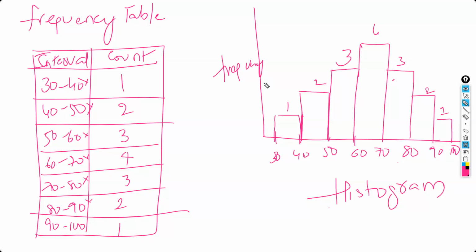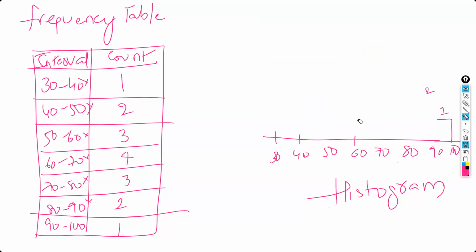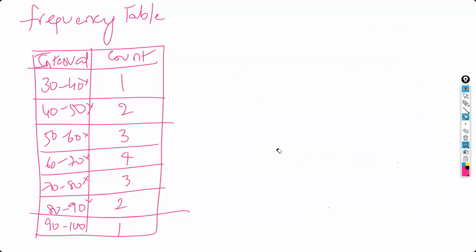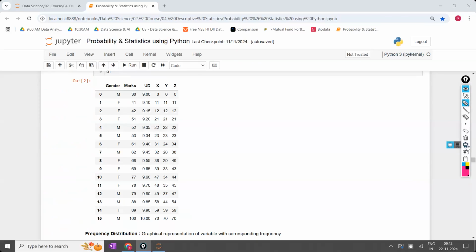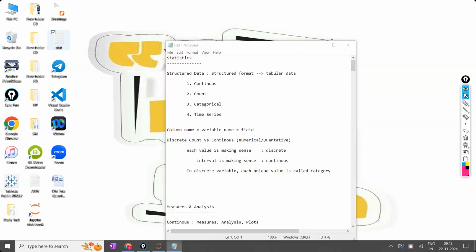Now, let's move on to the next topic, probability. How to calculate the probability? The next example is how to calculate the probability. The most important point is the probability of a continuous variable, and you have to take this in your notes clearly.